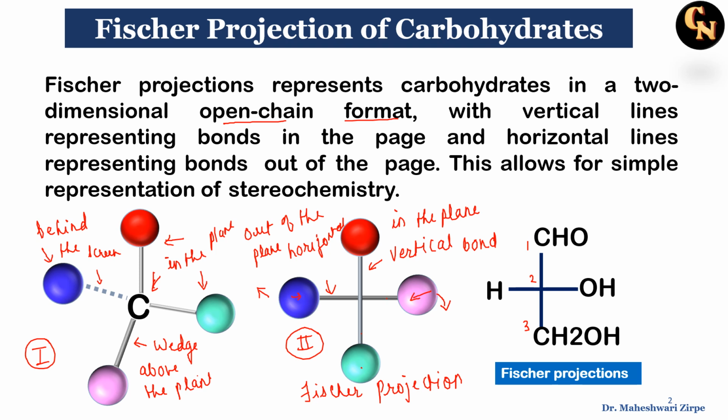The simplest carbohydrate has a 3 carbon chain and is called glyceraldehyde. In this structure, the second carbon is a chiral carbon, as all the groups attached to it are different: one is OH, one is CH2OH, one is hydrogen and the other is CHO. All 4 groups are different, and that's why we call such a carbon a chiral carbon.